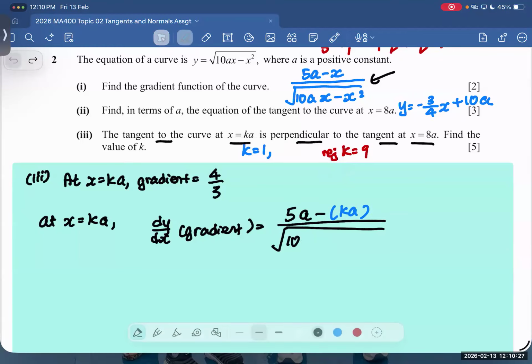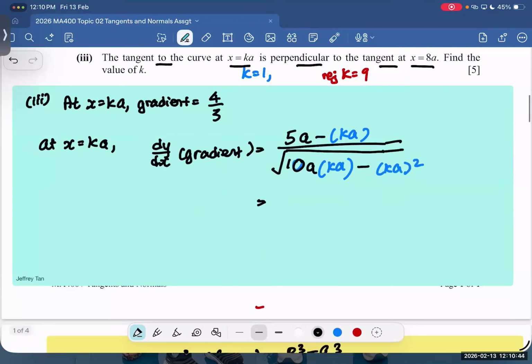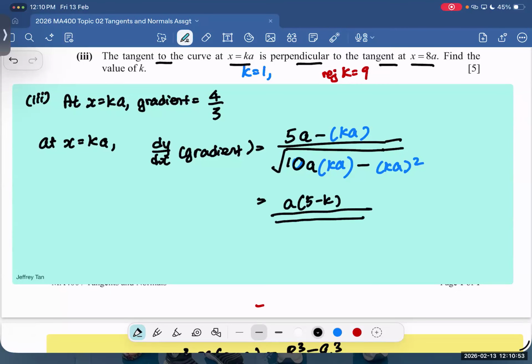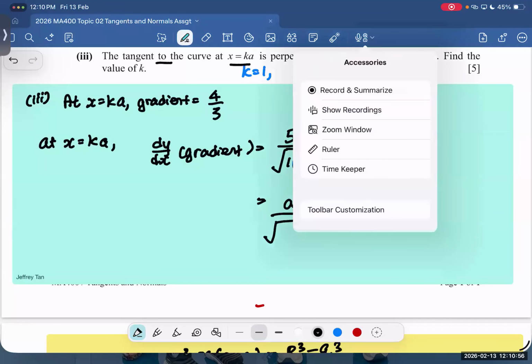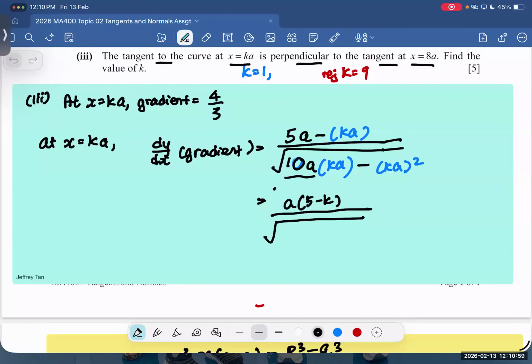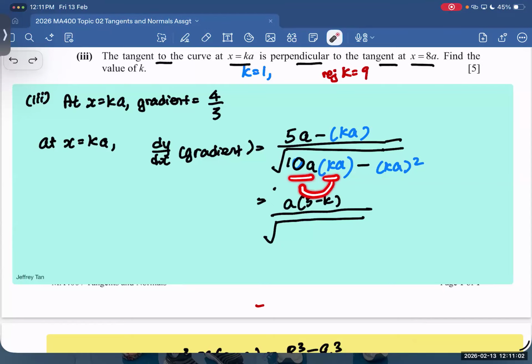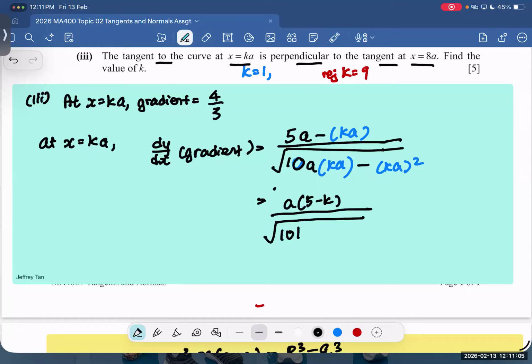Alamak, wrong. 10a or Ka, minus x squared is Ka squared. So take a look. From the top, I take out my a. This is 5 minus k. From the bottom, what do I see? This is 10ka squared minus k squared a squared.